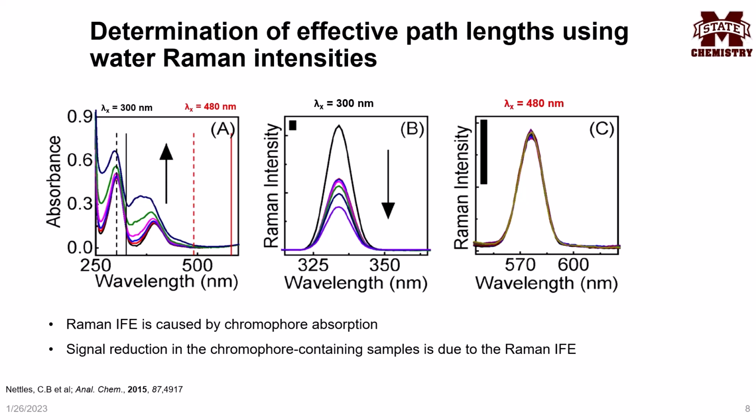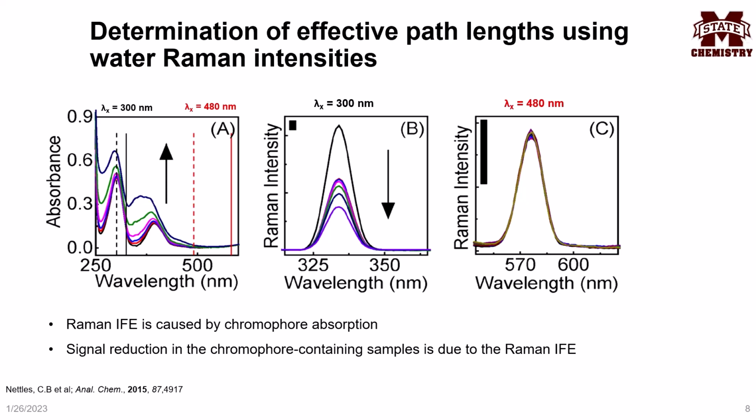At 300 nanometers, the absorbance increases as a function of chromophore concentration, while the water Raman signal intensity at 300 nanometers decreases as a function of chromophore concentration. The water concentration only changes by less than 2%, so it cannot cause a drastic change in the signal intensity.